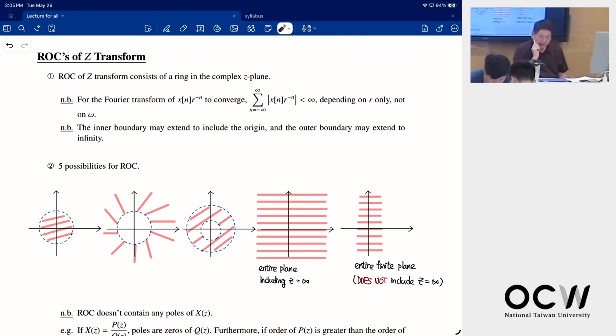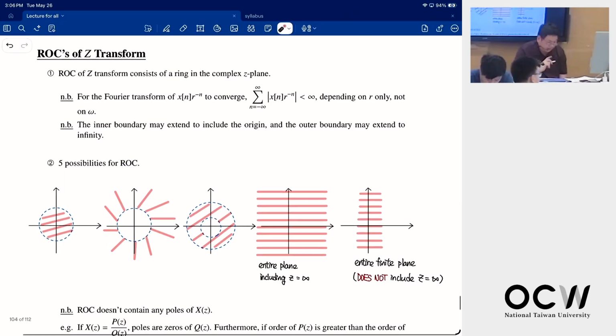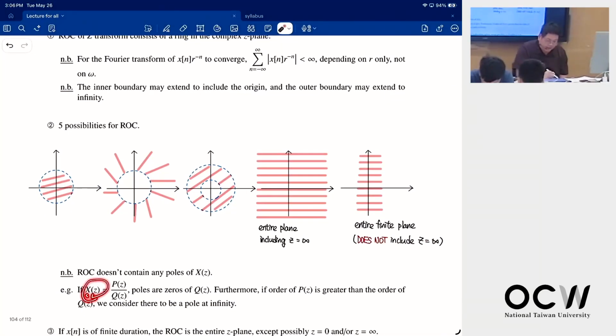And the region of convergence does not contain any poles. Poles are where the denominator is 0. Then 1 over 0 is not bounded. So the region of convergence does not contain any poles. Normally you have a fraction, because it is easier to make it a fraction, as you can use the table to find the z transform.